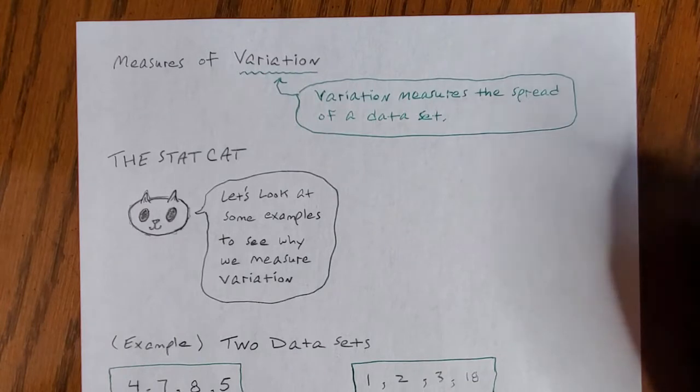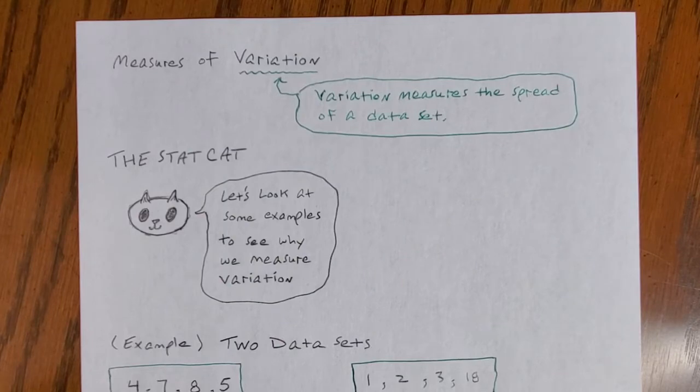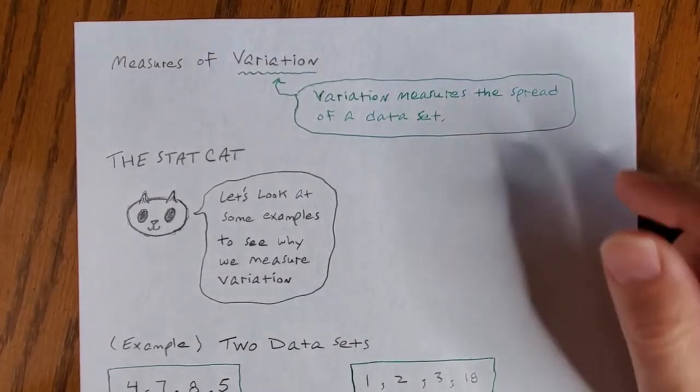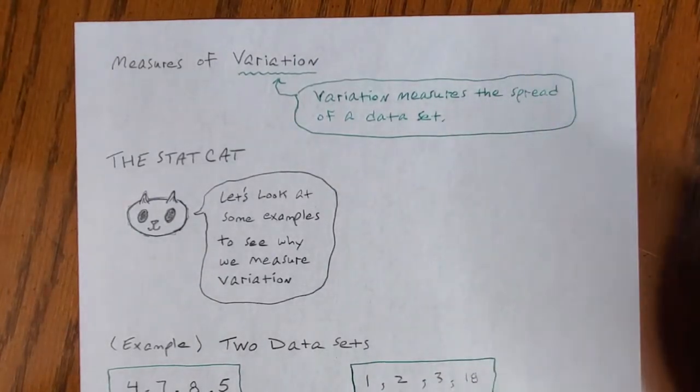That's why we do statistics, because we like to know things like that. We like to know on average how much a cat weighs. And since all cats don't weigh the same amount, how spread out are the weights? Is there a big difference between the lightest cat and the heaviest cat? That would be one way to think about the spread.